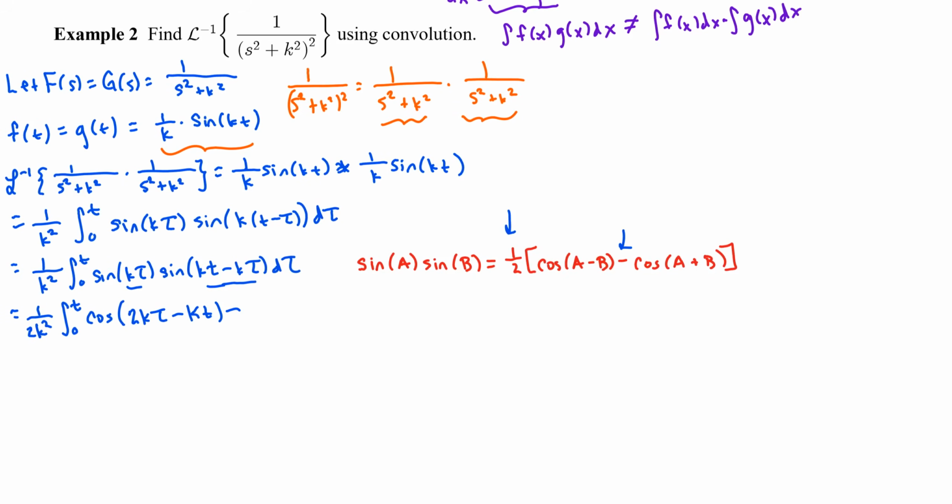Continuing with our formula, minus cosine of A plus B. When we add those two arguments, we just get k tau d tau. So that split our product into a sum. So now we can take our integral as two distinct separate integrals and find those antiderivatives. So each integral is going to have this coefficient 1 over 2k squared.